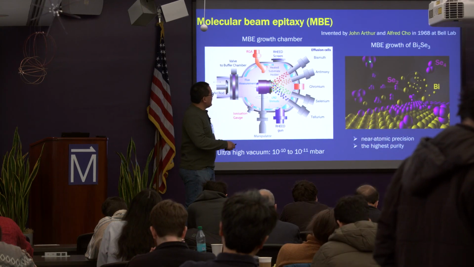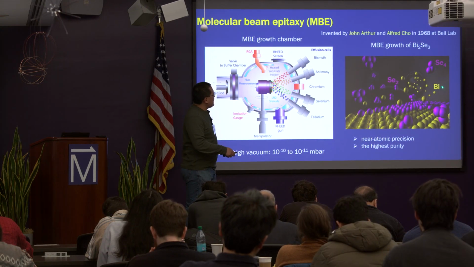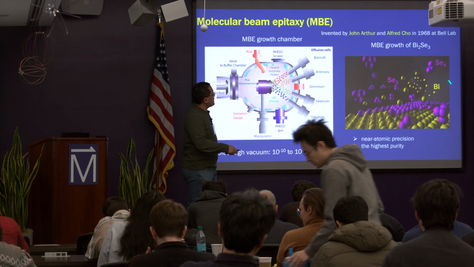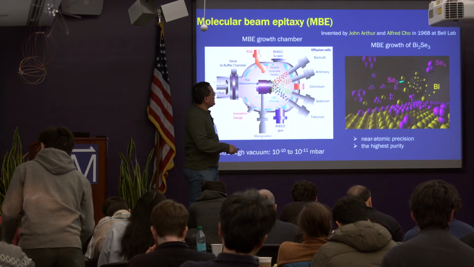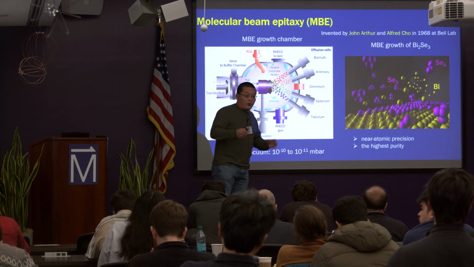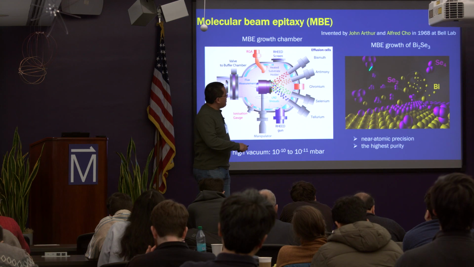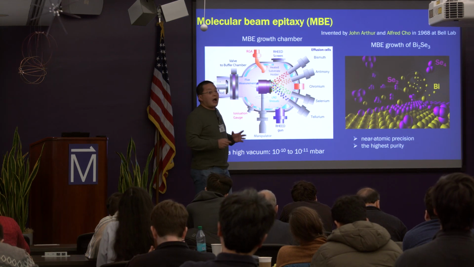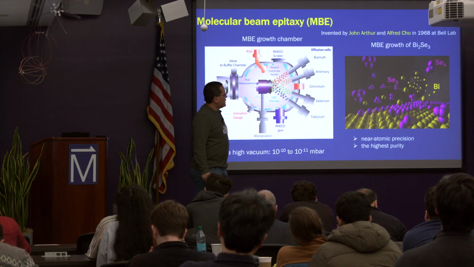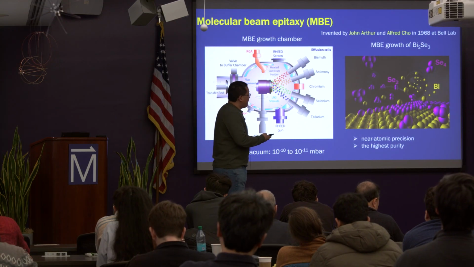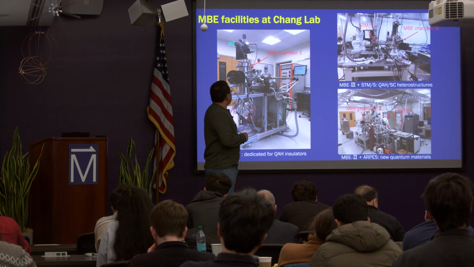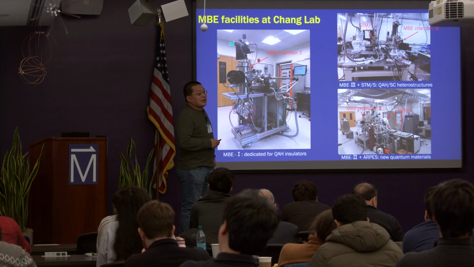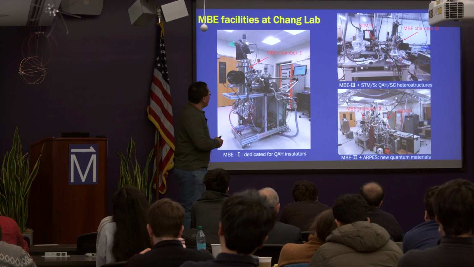In the MBE chamber, bismuth is a single-atom element, and selenium is in molecular form, Se2 and Se4. Based on these chambers, we can get really high purity Bi2Se3 films.